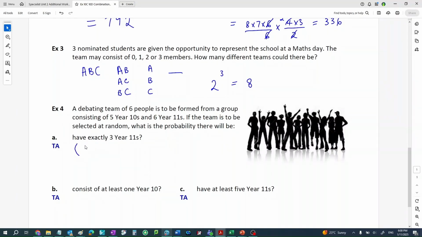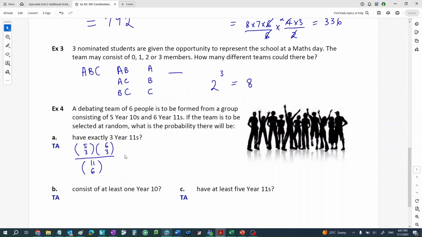Now there's 5 year 10s, and we're going to choose 3 of them. Now consider the year 11s, for which there are 6 year 11s, and we're going to also choose 3 of those people. And then the total number of possibilities is, out of these 11 people, we're going to choose 6.